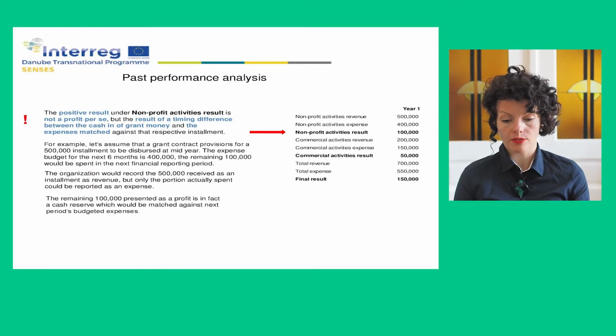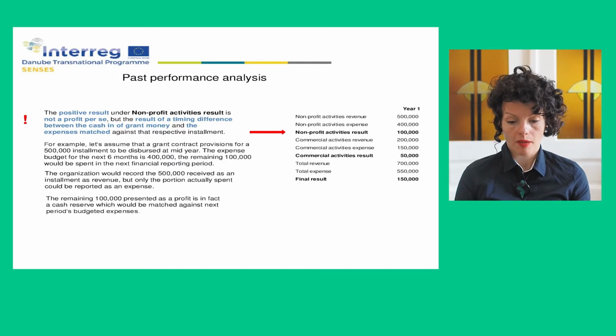The positive net result under non-profit activities result is not a profit per se, but the result of a timing difference between the cash-in of grant money and the expenses matched against that respective installment. For example, let's assume that a grant contract provisions for a 500,000 installment to be disbursed at mid-year. The expense budget for the next 6 months is 400,000.